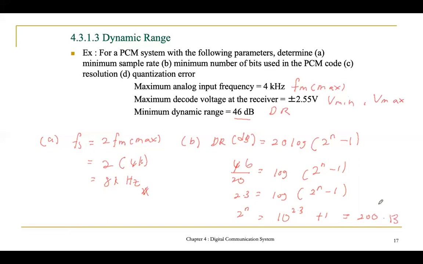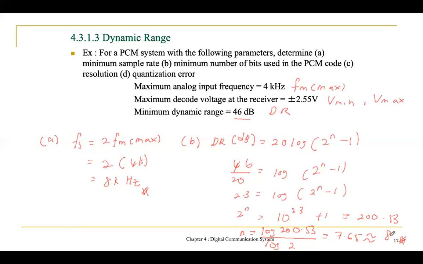Okay, 200.53. And then you want to calculate for n. So n is equal to log 200.53 divided by log 2, equals 7.65. So you approximate this as 8.